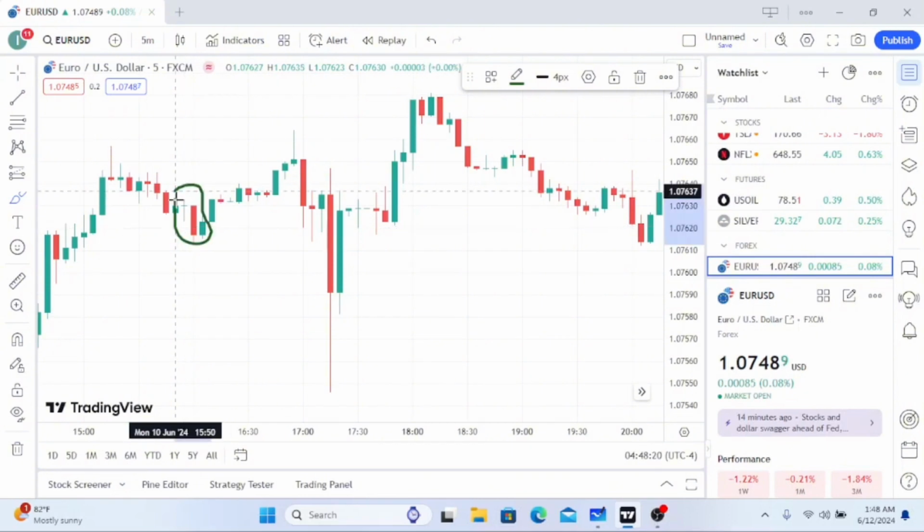But after this doji candle appeared, a bear candle appeared to show that the bears are back in the market. I'm trying to show us a live illustration of these candlestick patterns.